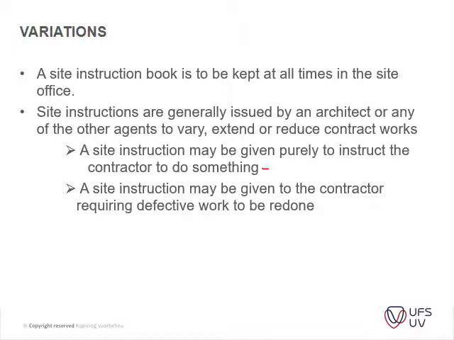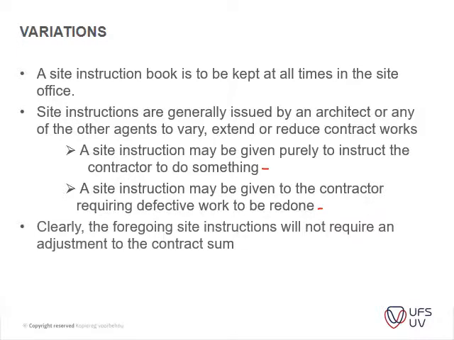And then site instructions may be given to the contractor to address defective work. For instance, if he builds a wall skew, he will be instructed to break it down and rebuild it, which will not constitute a variation order.